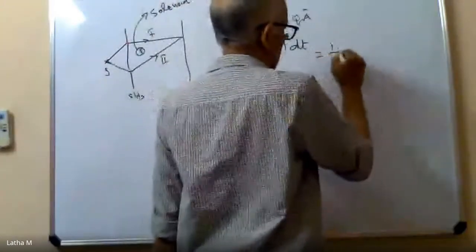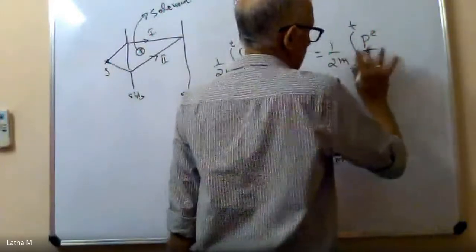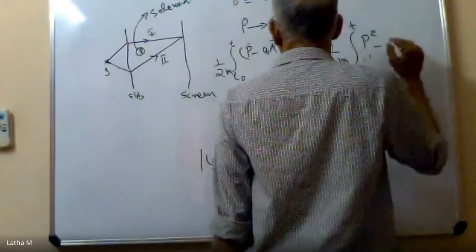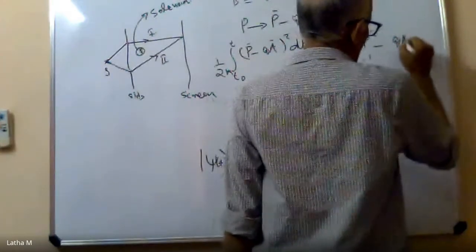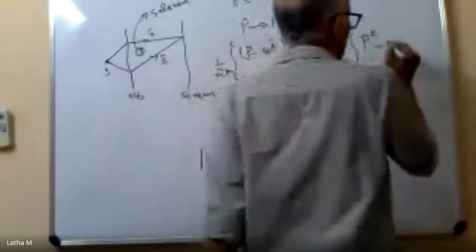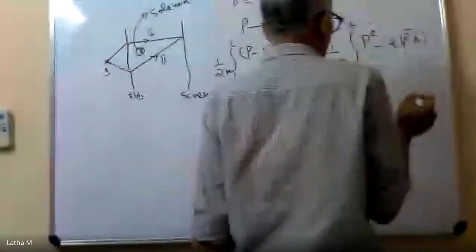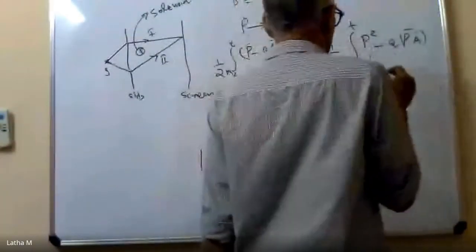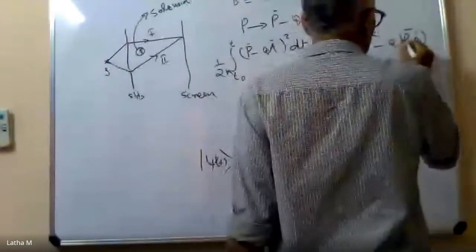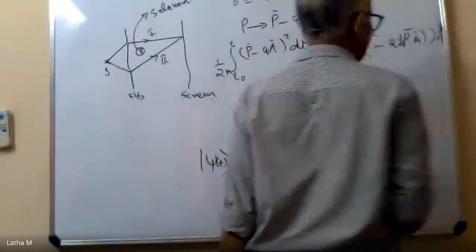This is equal to 1 by 2m, P square, then minus 2q P dot A, and there is an A square term.